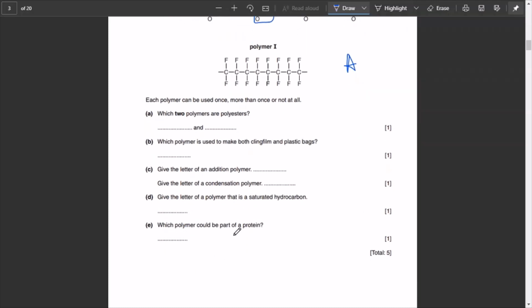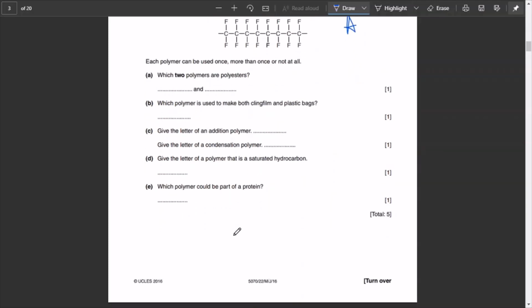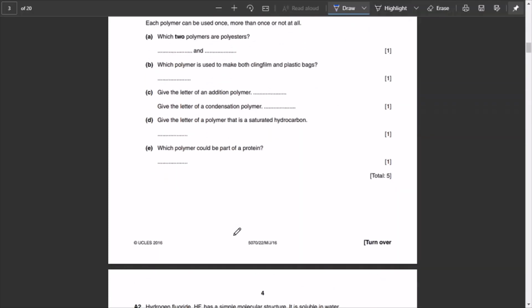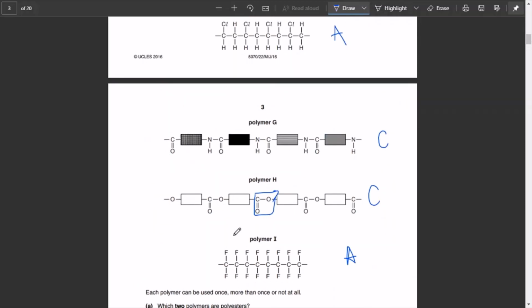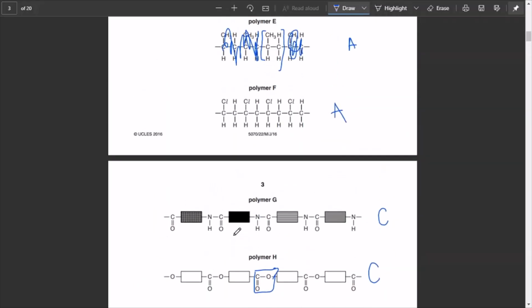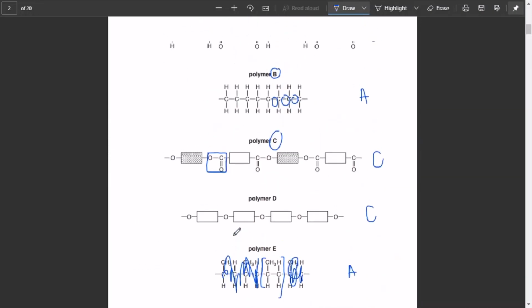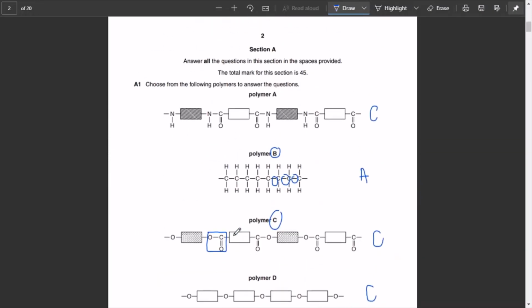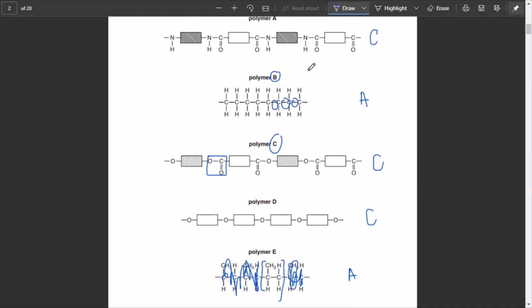Give the letter of a polymer that is a saturated hydrocarbon. Saturated hydrocarbon will be, of course, let's go through it. A is not a saturated hydrocarbon.